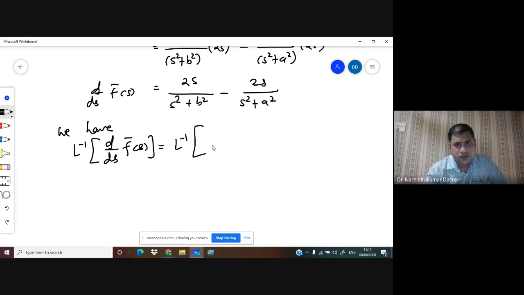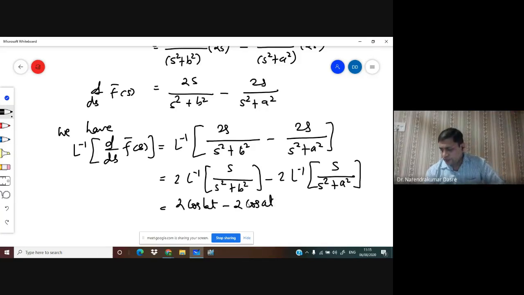So this is inverse Laplace transform of d by ds of f bar of s, which gives twice cos of bt minus twice cos of at.